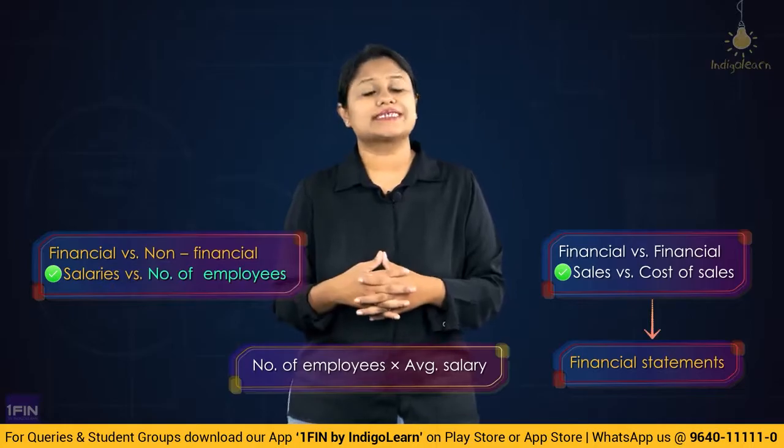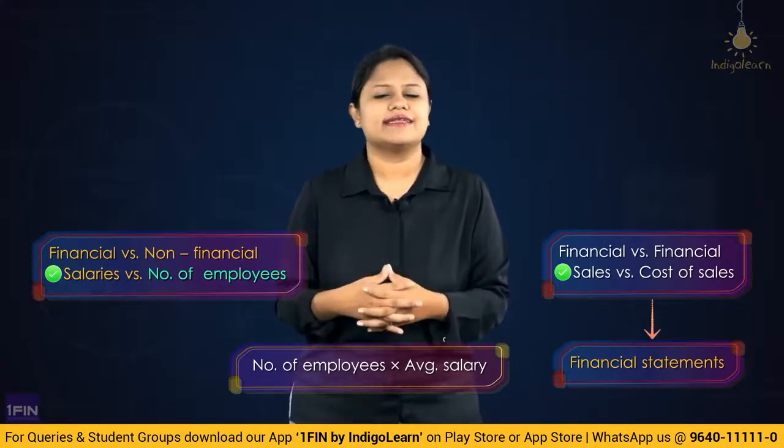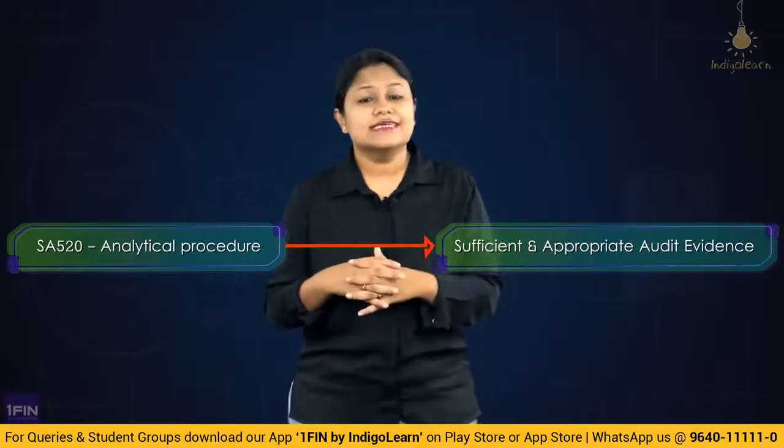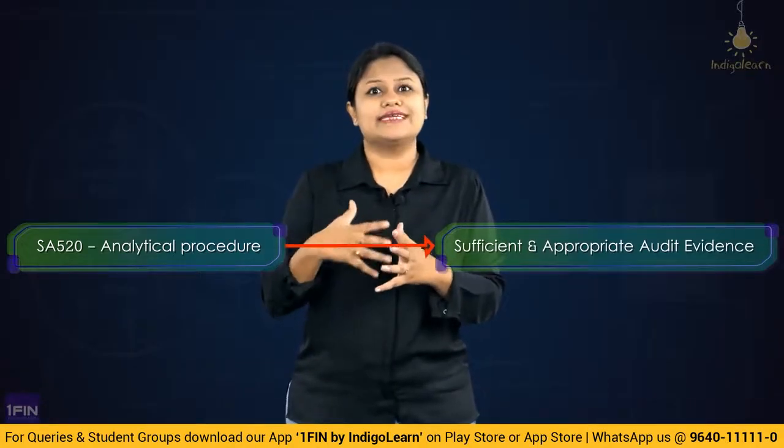So this was about understanding what is meant by analytical procedure. Understand one thing very importantly: analytical procedures are not going to give you sufficient appropriate audit evidence. They are going to give you a direction to get what? Sufficient and appropriate audit evidence. That means these are going to give you an indication.